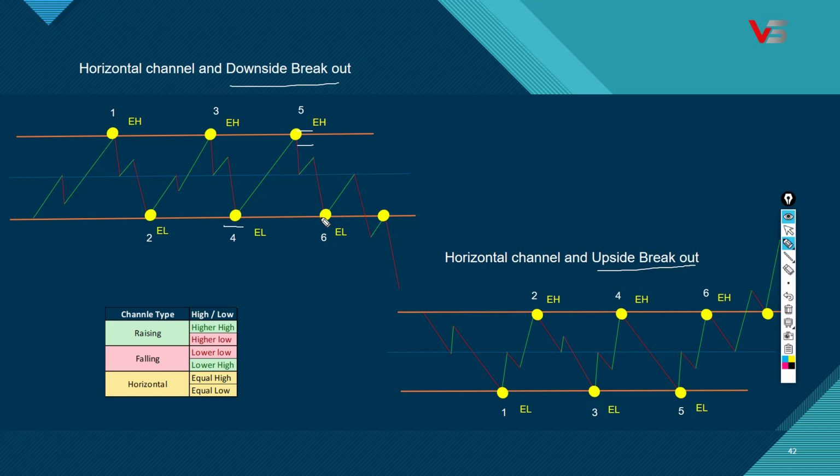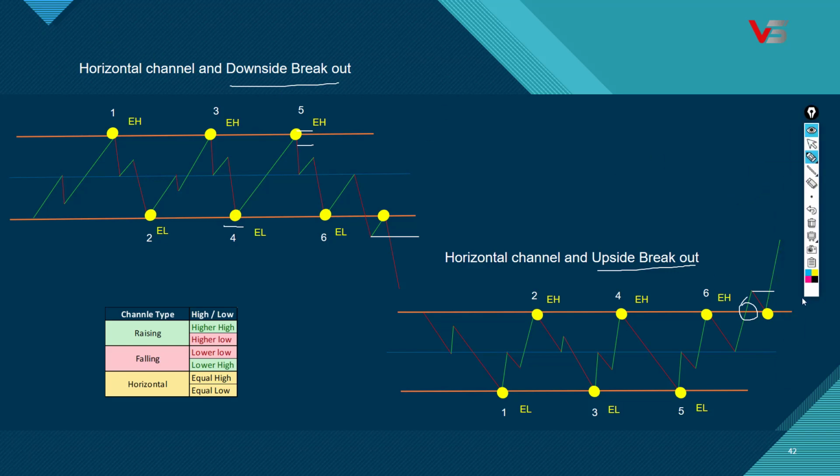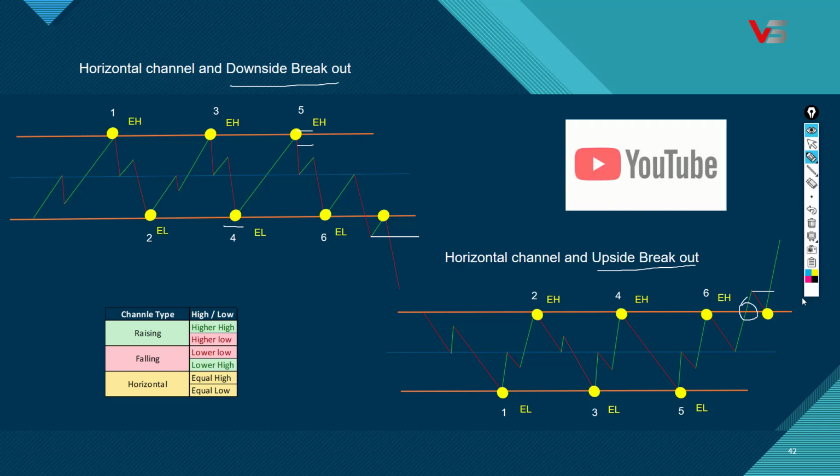Once it breaks, we should enter on whichever side it breaks. If the breakout happens below the channel line, we should take the entry here. If the breakout happens in this area, we should take the entry here. So in the horizontal channel pattern, there can be trend reversal and trend continuation.